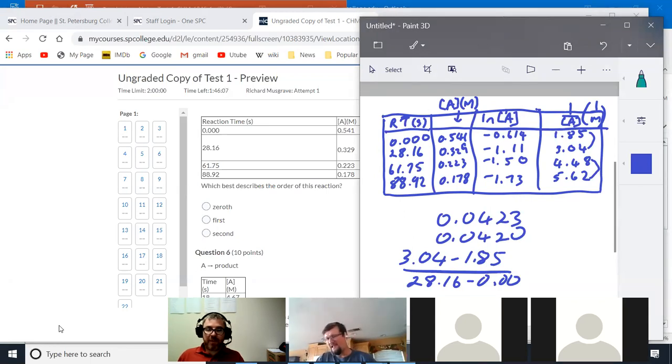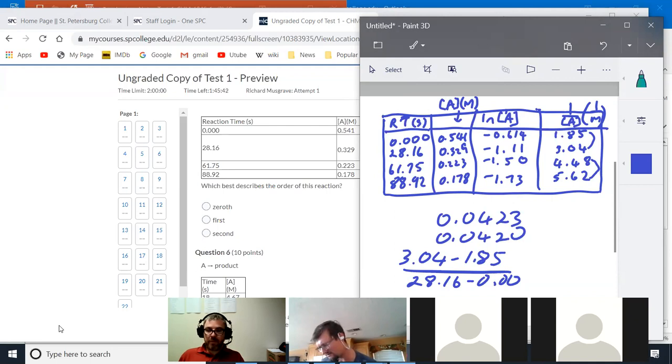Did anybody come up with values for the first order for the log? If you could just say them, I won't write them down, just so we can see that they were different. For the first 2 points, I got negative 0.0176.